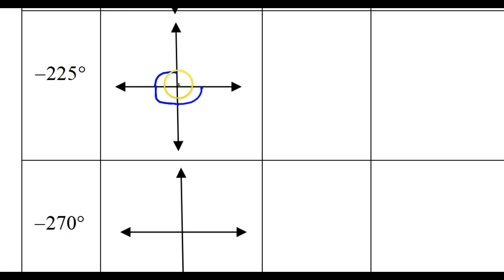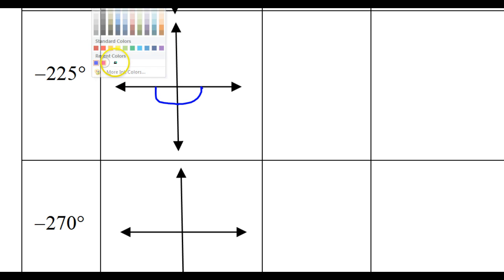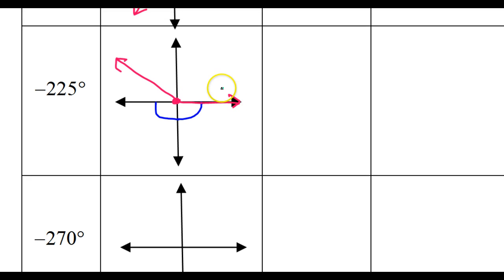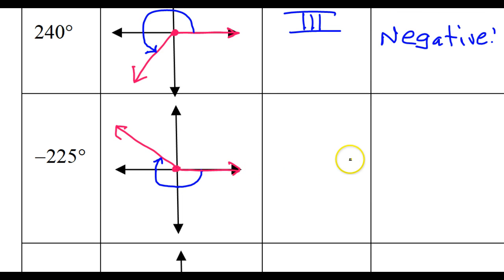That's too far. So I know it's going to be somewhere in this quadrant, which is the second quadrant. So it's going to be somewhere in here. Wait, I forgot to draw my initial side, which is always right there. Okay, so there's my sketch. And like I said, first, second quadrant.